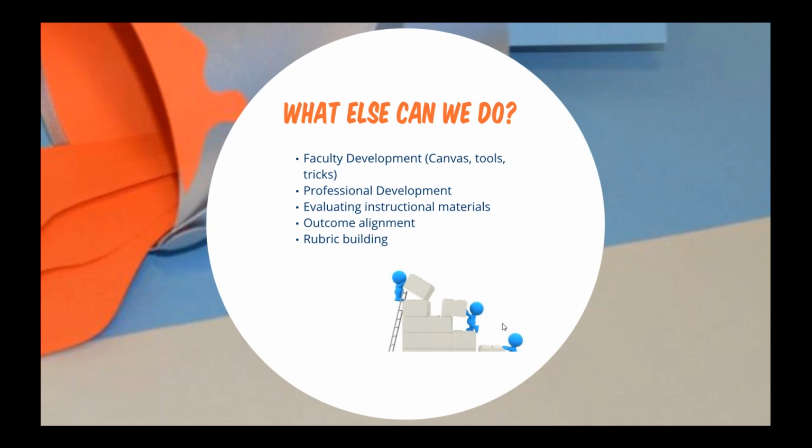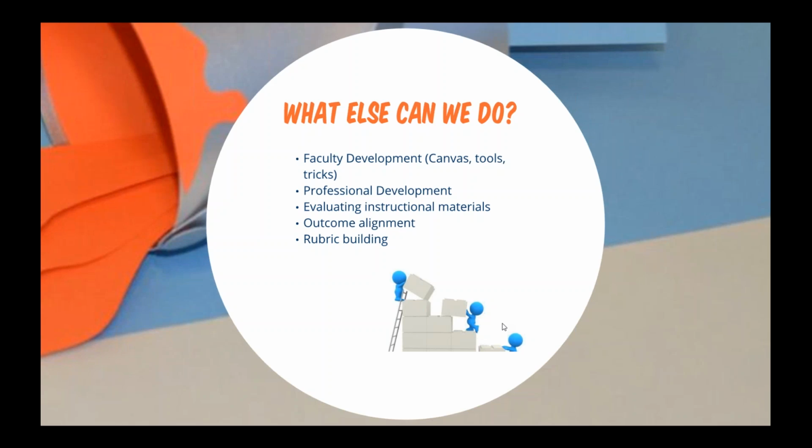We can evaluate some of your instructional materials. So if there's things that you're using that perhaps are not in the courses, or that are in your courses and you really haven't had the time to review, and you'd like our advice or our feedback, that is something, again, that we can provide.